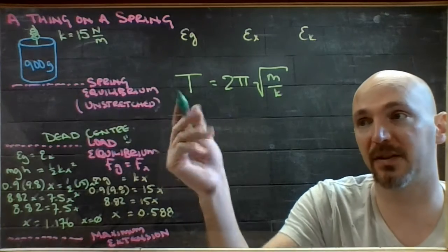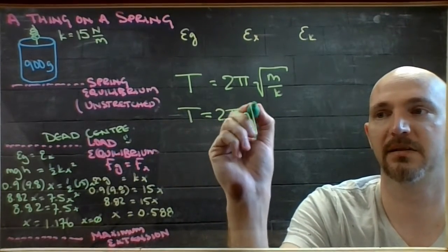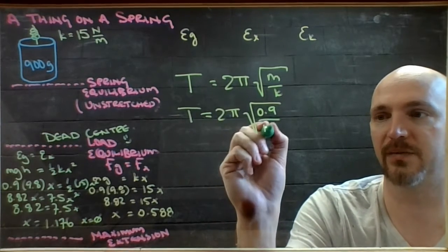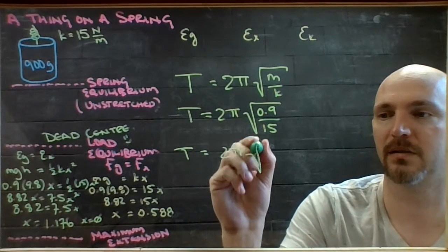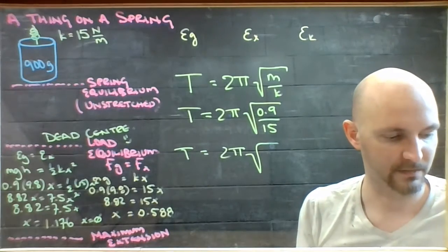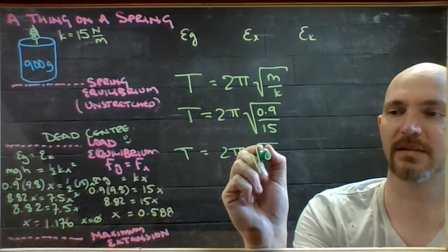So for this particular one, if I pop that in there, 2 pi, my mass is 900 grams, my k is 15. So this 0.9 divided by 15 is 0.06.